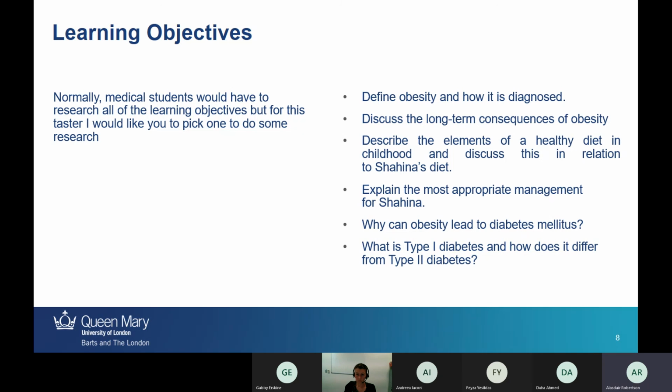Okay, and again, in a PBL, the students will probably have looked in much greater depth at the details, researching from different journals, books, and the internet as well.